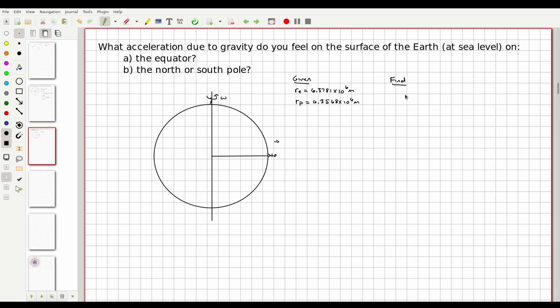We want to find g, both at the equator and at the poles. To do that, we're going to need the mass of the Earth, which we already know. I'm going to take this out a couple of extra digits: 5.97237 times 10 to the 24th kilograms.